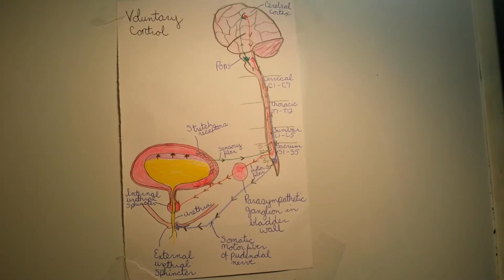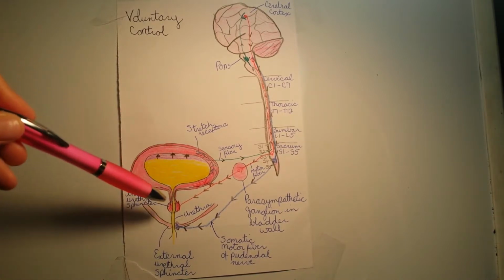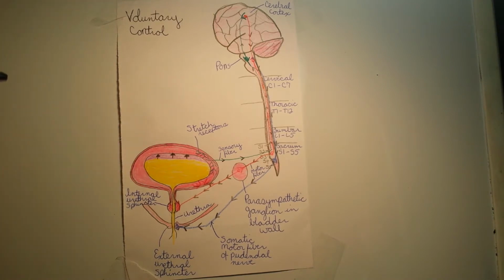Now, in voluntary micturition, pretty much the same thing occurs as in involuntary. The bladder fills to about 200 milliliters or more.